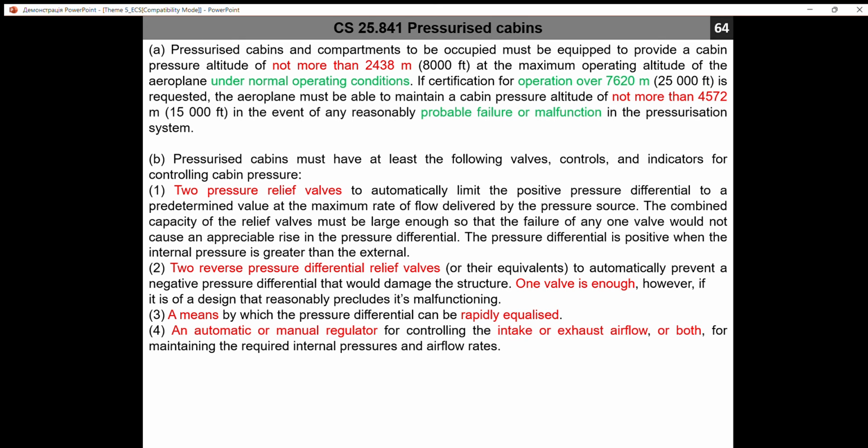So it was decided that the pressure in the cabin must be equal to this altitude during all cruise flight. So when a plane is flying at an altitude of 11 kilometers, the so-called pressure altitude in the cabin will be 2.4 kilometers or 8,000 feet.